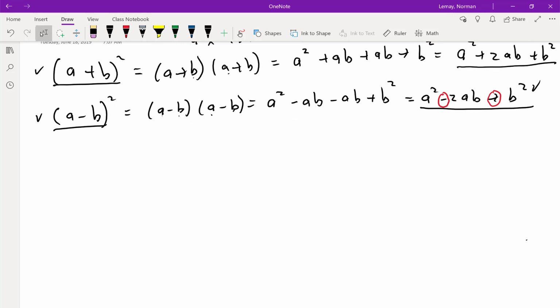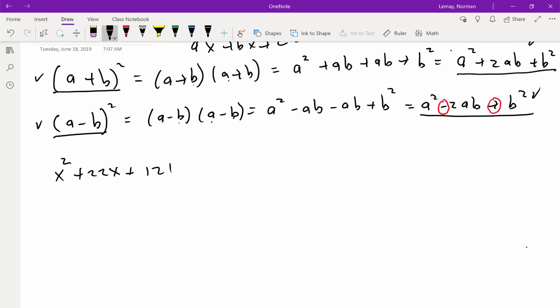Here I have x squared plus 22x plus 121. Coming back up here, if I take a look at the leading term and the ending term, the question is: is this written as something squared, and is this written as something squared?